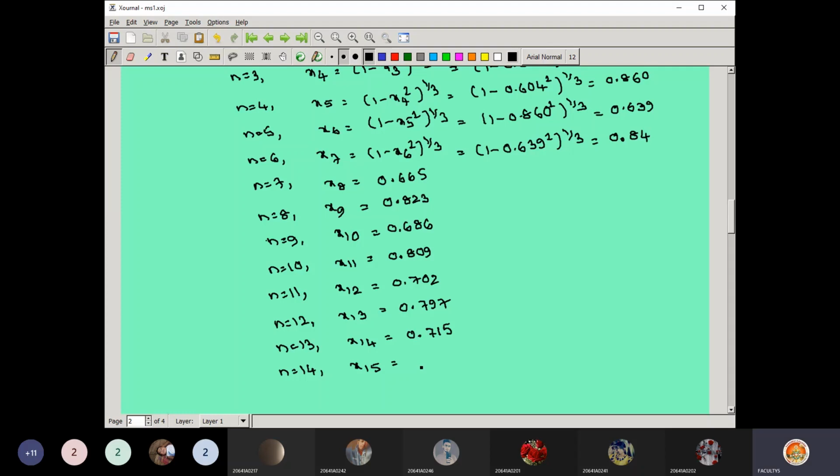In the first 2 methods, once 5 approximations came you took the average, but this is not the way. Wherever you get successive values equal, you can stop the process. I think you will get 0.78. 0.788. Right. Next n equal to 15, so that it is x16.